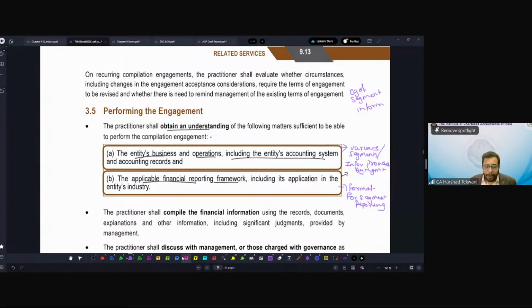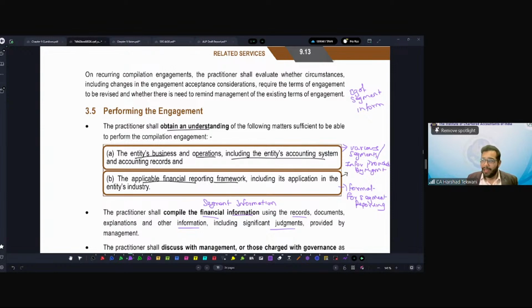Number two, financial information. In this case, for example, it is segment information that management has to provide us, including your records, judgments, and other information, whatever may be applicable. Everything has to be provided by management.